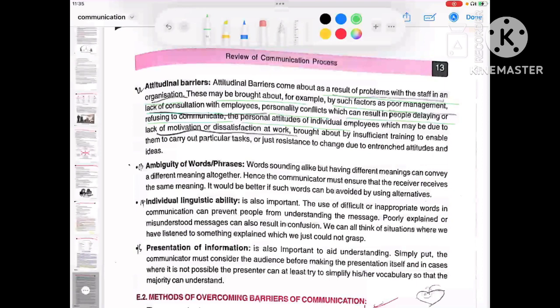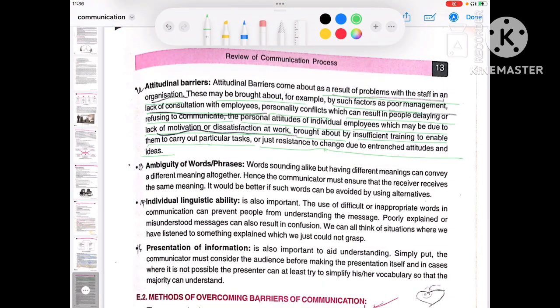They may also come from the personal attitude of individual employees, which may be due to lack of motivation, dissatisfaction at work, insufficient training to carry out particular tasks, or resistance to change due to entrenched attitudes and ideas.